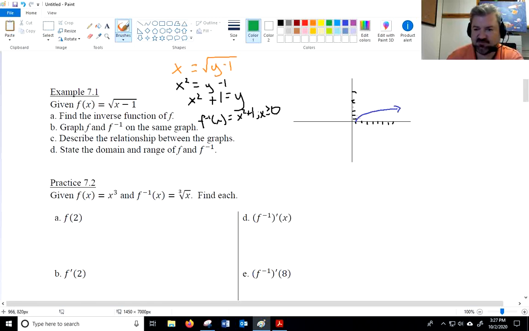X squared plus 1 would be here, and if we're only doing positives, it'd be like that. And that's how the two graphs are related. The relationship between these two graphs, we can say, is they are reflections across the line y equals x.